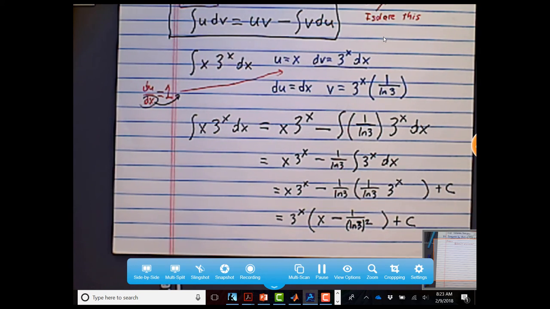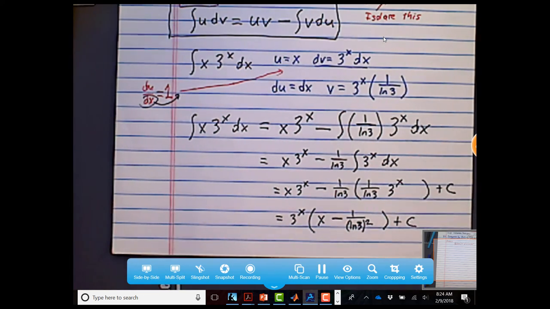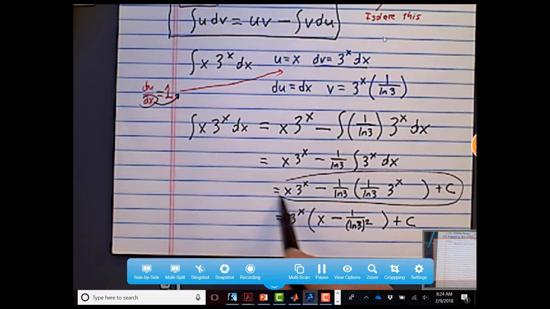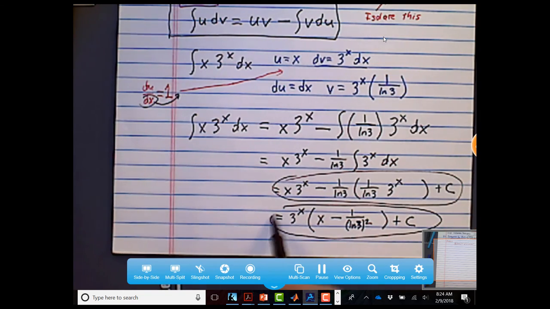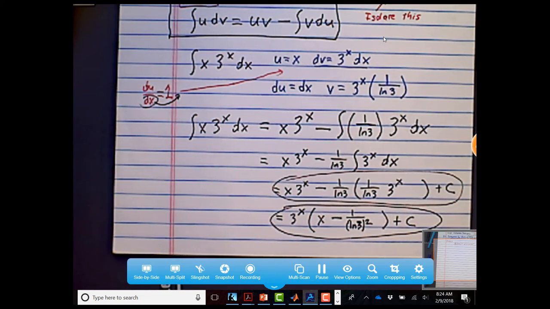Something like that. So it's 3 to the x times both of those things. I would take either form of the answer, of course.